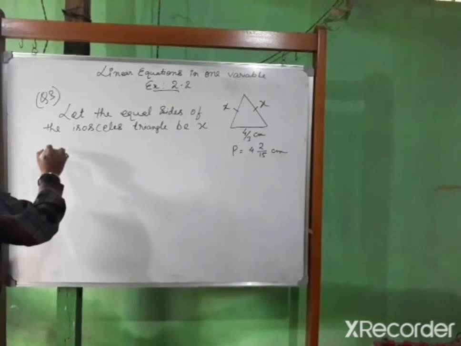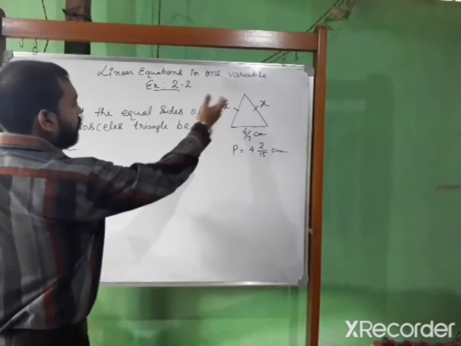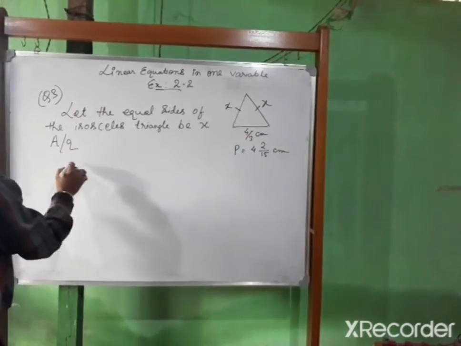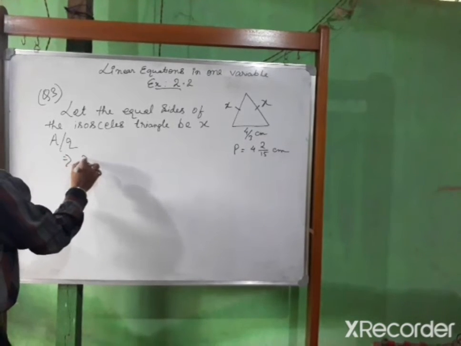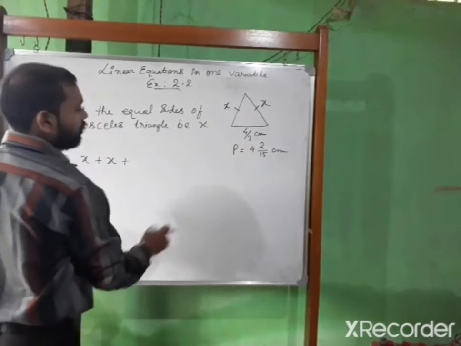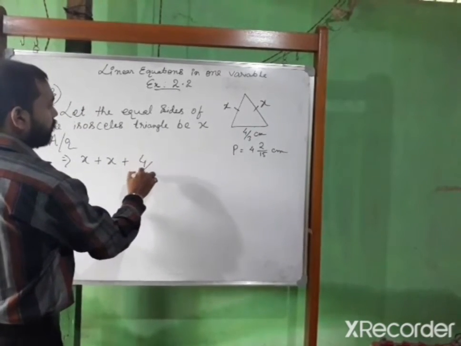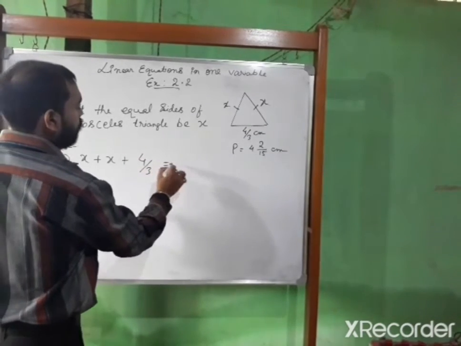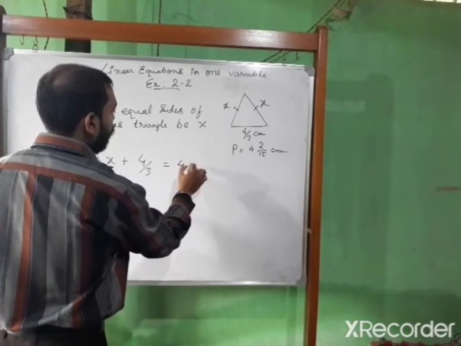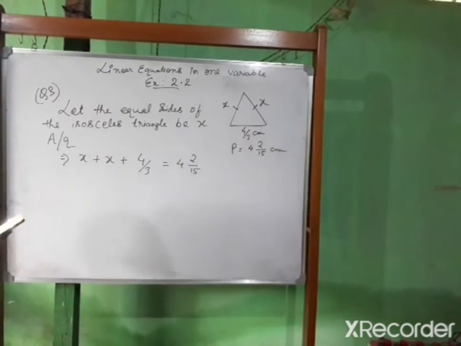So according to the question, what will be the perimeter? Perimeter of the triangle means sum of 3 sides. So therefore x plus x plus the base 4 by 3 is equal to the perimeter, which is given as 4 2 by 15. So this is the equation.